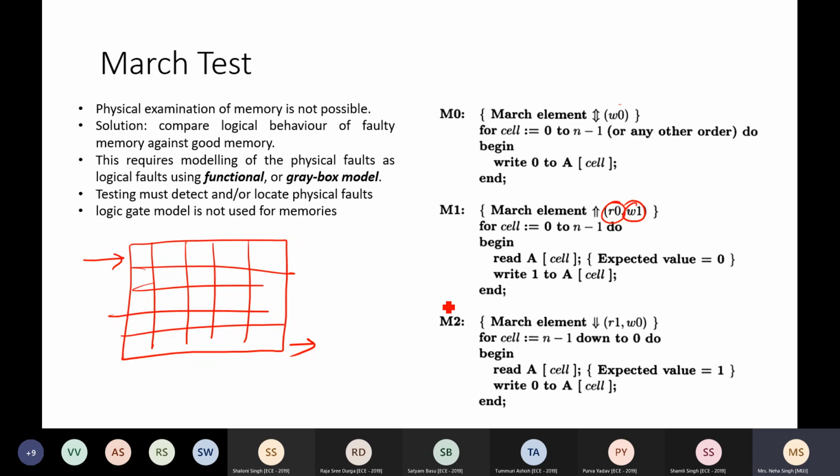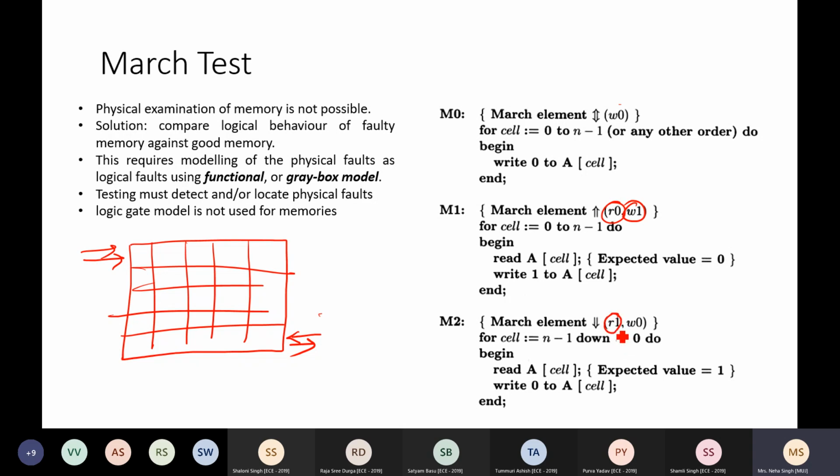Fine. Lastly, अब मैंने वापस start किया. I started from this end and I marched to here. Now I start again, and I'll do the next march such that now whatever value I had written, 1 in the last march, I will try to read that value if it is read properly or not.